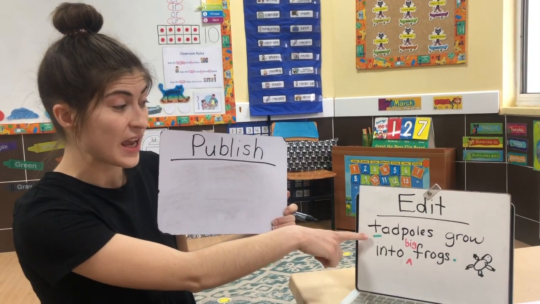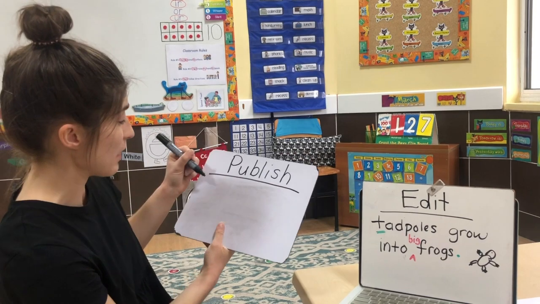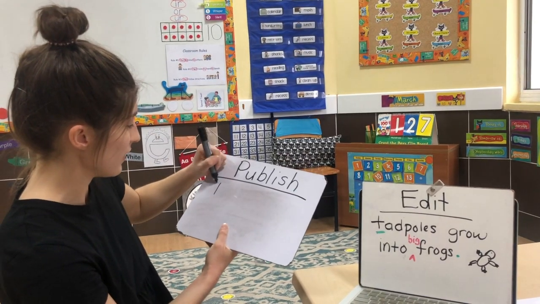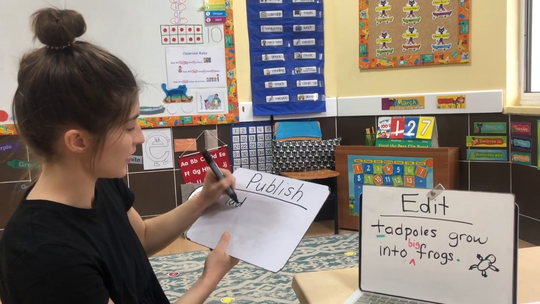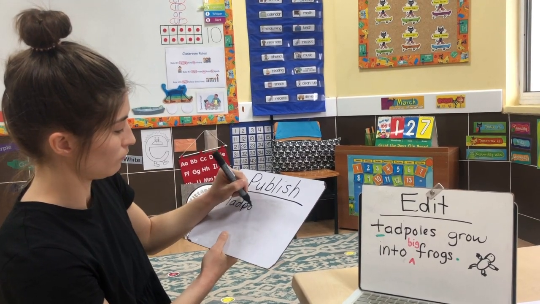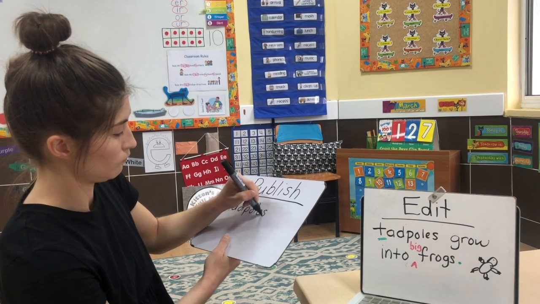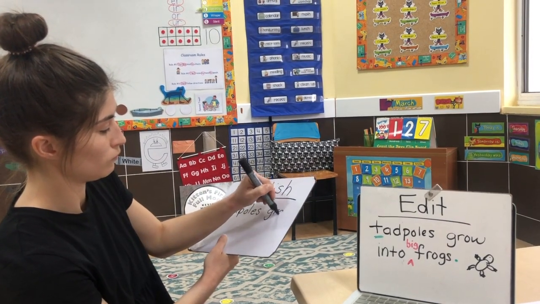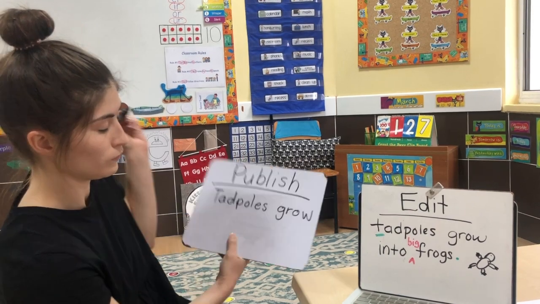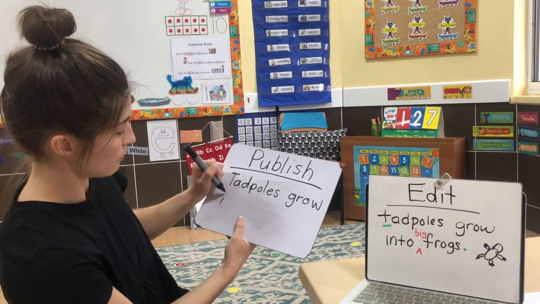The first thing is I need to start with a capital letter, and I'm writing tadpoles. So I'll write tadpoles with a capital T. Grow. Into.